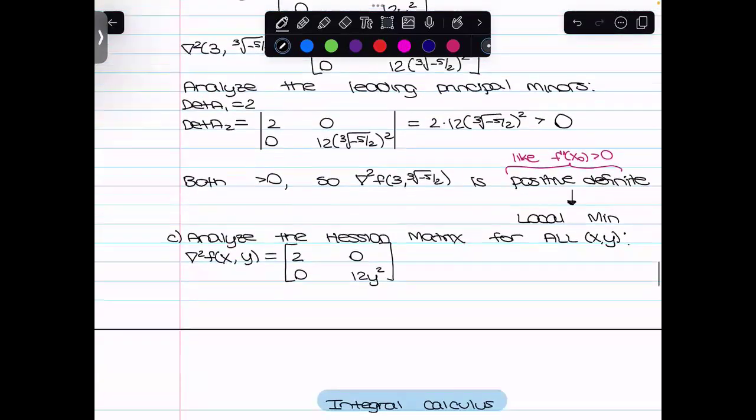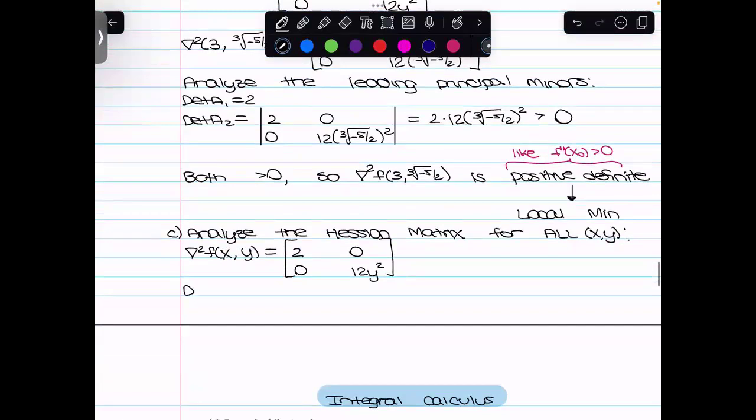And if you redo the leading principal minors, we have that for A1, it's going to be 2. For A2, it's going to be the determinant, which is going to be 24y squared. Because you have an even power, no matter what y is, this is going to be greater or equal to 0. So if it had been greater than 0, we could say it's positive definite. The problem is that it could be 0.